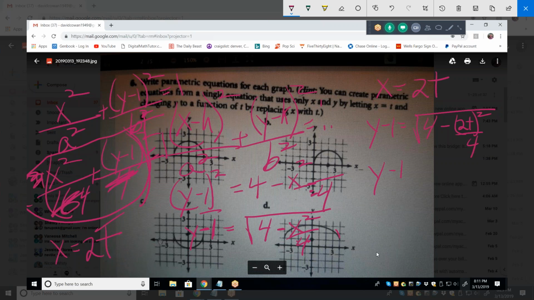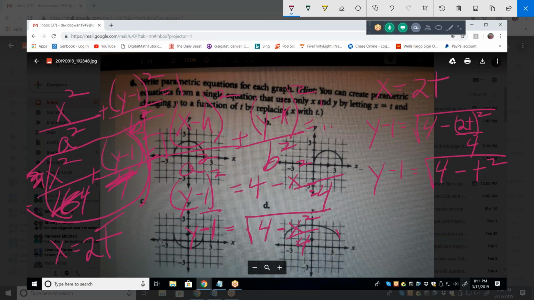Now what is that? y minus 1 equals the square root of 4 minus 4t squared over 4, which is t squared. Does the negative distribute? No. In other words, first of all, you square the 2t, which is 4t squared, and then you cancel out the 4's, and you're left with a negative t squared.